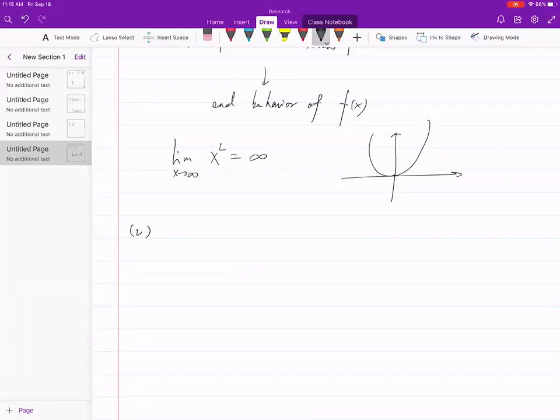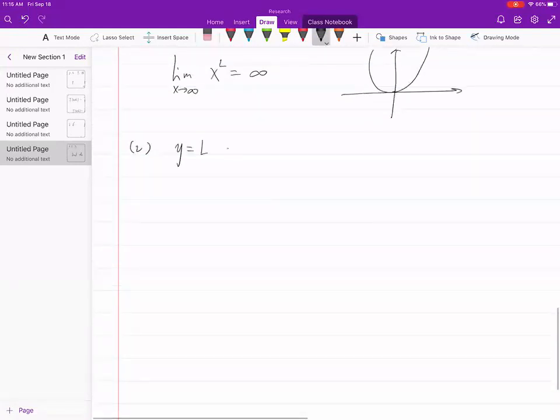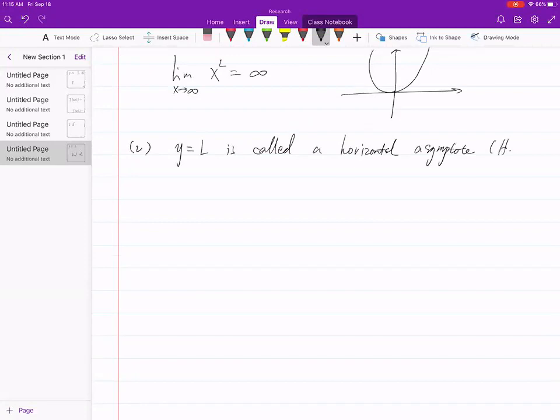So horizontal asymptote, we will use h.a. for short later.